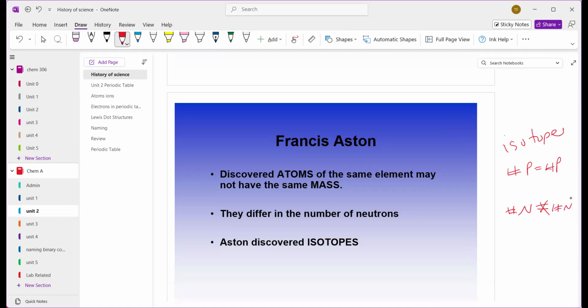So the number of protons are the same, hence the chemistry is the same, but the number of neutrons are not the same. So we can have carbon-12 and carbon-14, both carbon, chemistry of carbon is the same for both of them. The mass is different because they have different numbers of neutrons. Aston came up with that.